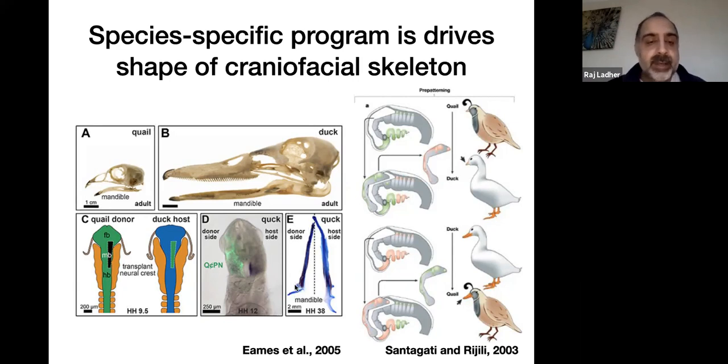Okay, and so there's some autonomous program within the neural crest that provides shape. Rich also showed later that when we're looking at things like the formation of cartilage, the timing of when cartilage will chondrify depends on the donor tissue.